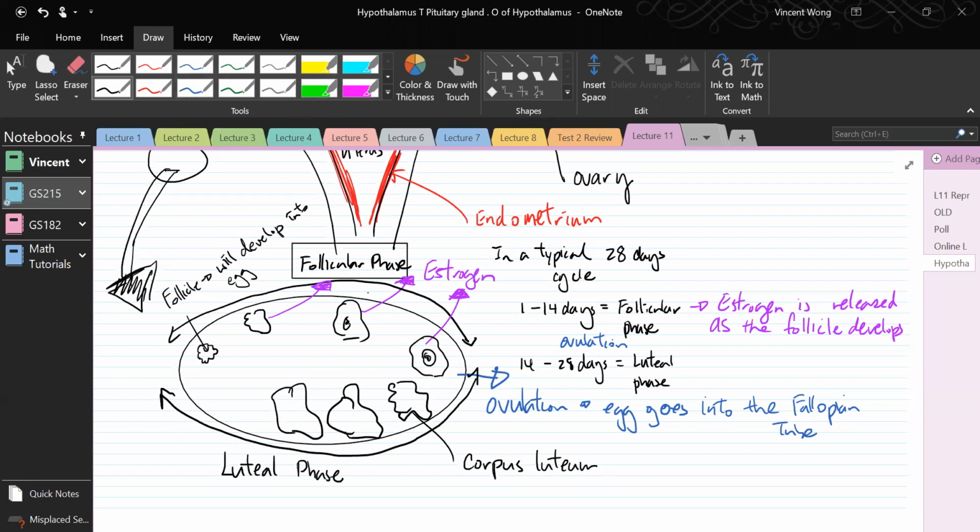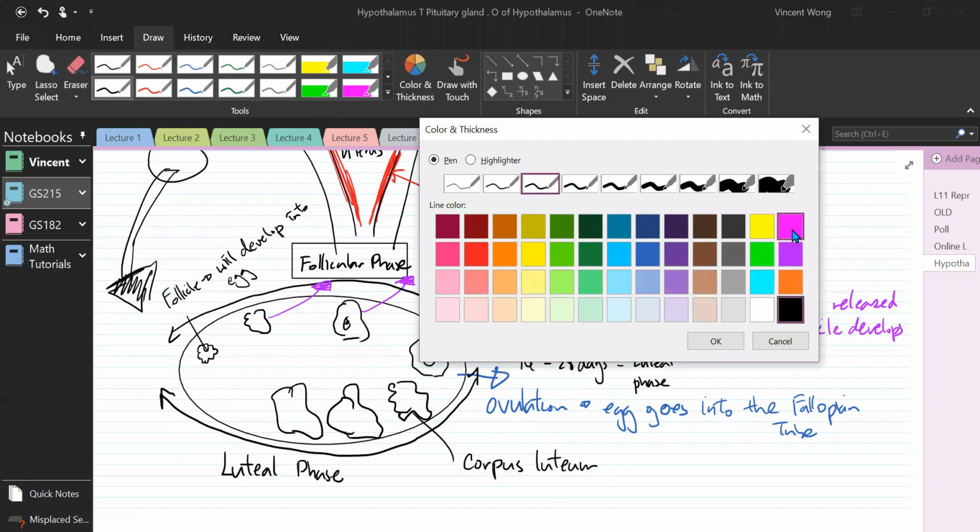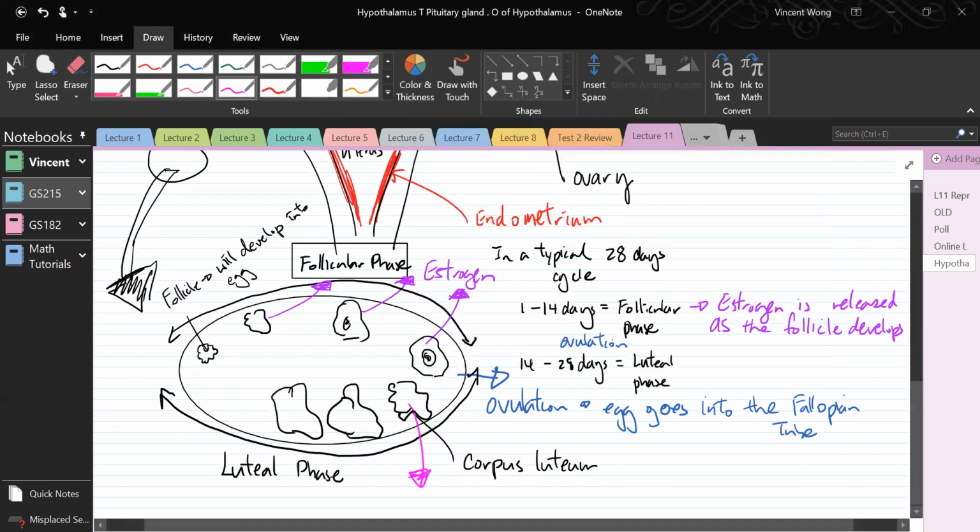The purpose of the corpus luteum is to pump out another hormone. What hormone is that this time? That is progesterone. That's correct. So progesterone is released by the corpus luteum.